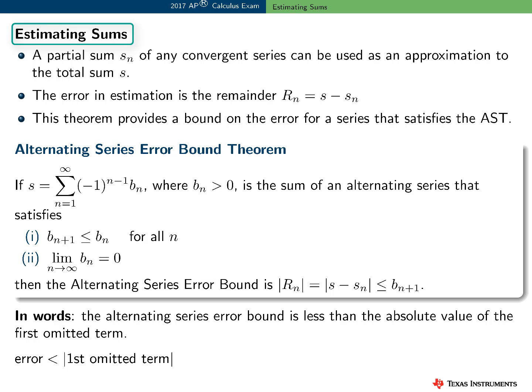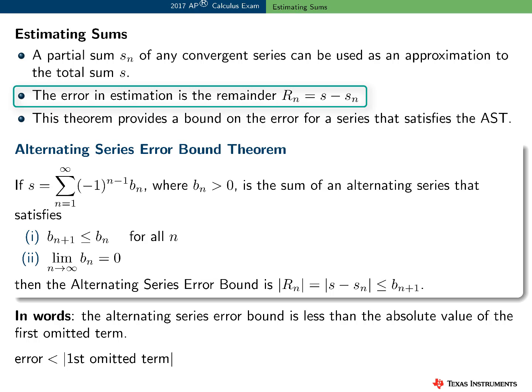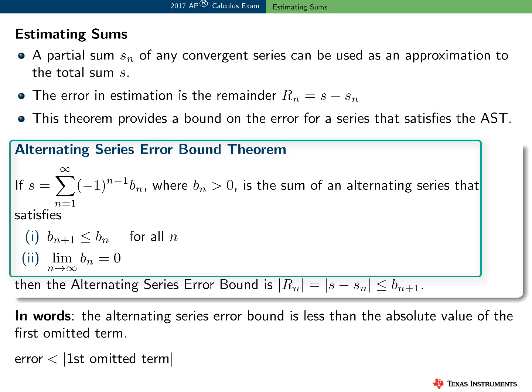Suppose we want to estimate the sum of a convergent alternating series. Well, we know that a partial sum of any convergent series can be used as an approximation to the total sum, S. And the error of estimation is the remainder. This concept or theorem provides a bound on the error for a series that satisfies the conditions of the alternating series test.